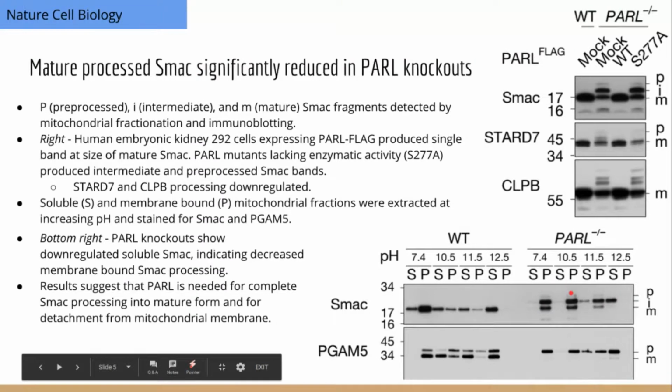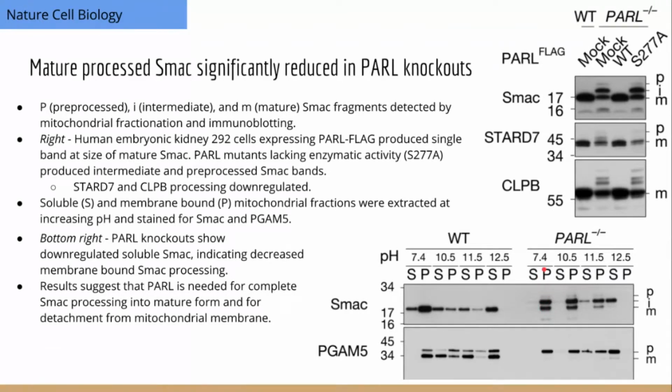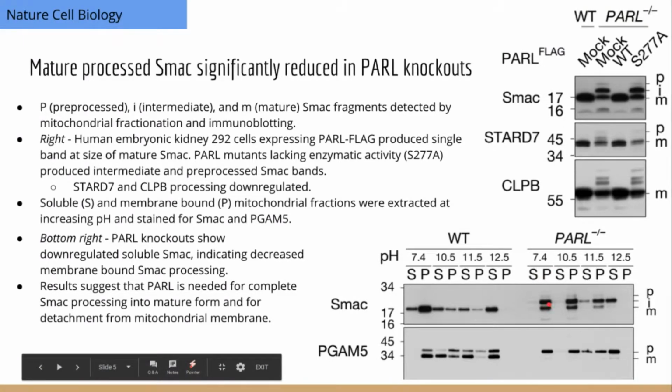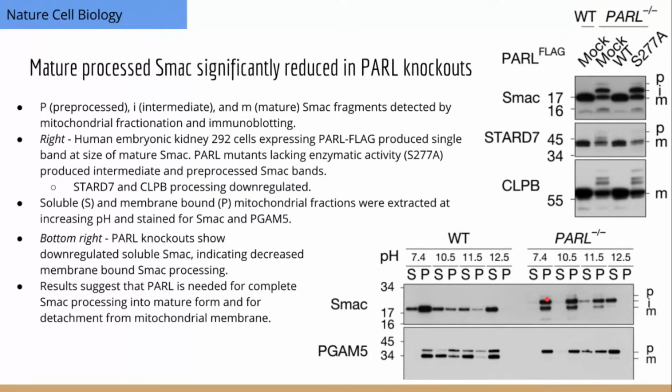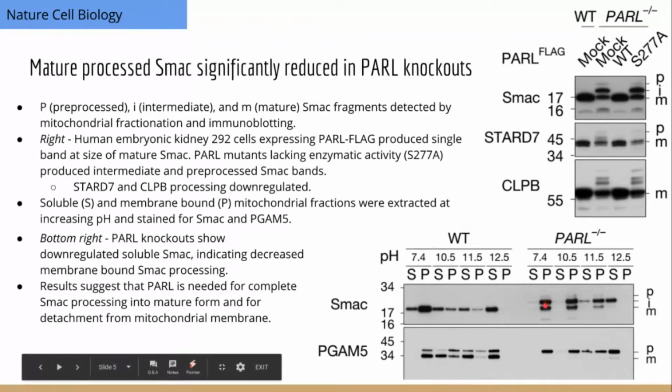So there's very, very little mature Smac that is soluble, and most of the mature Smac that is around is still attached to the membrane. So we see in the membrane fractions from the Western blot in the P lane, we still see mature Smac still attached to the membrane. So even though it's still getting cleaved by some other enzyme, it's not getting dissociated from the membrane.